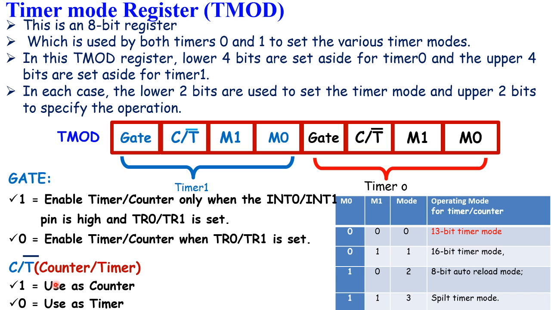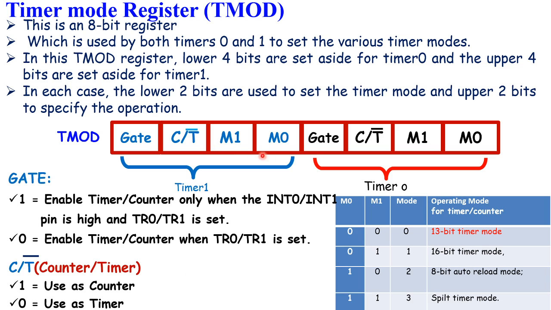C/T bar, counter or timer: when C/T bar is equal to 1, timer 1 and timer 0 work as a counter, and when C/T bar is equal to 0, they work as a timer, that is, they generate the delay. So this is the use of the C/T bar control bit.